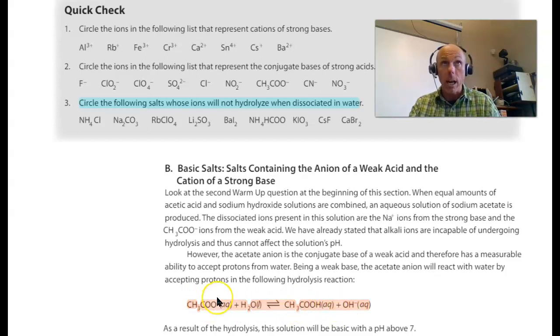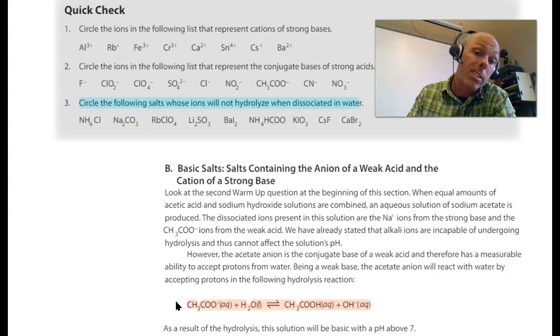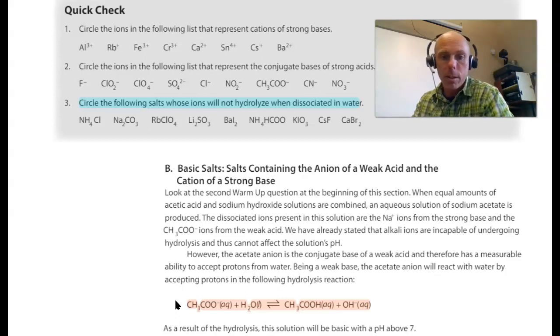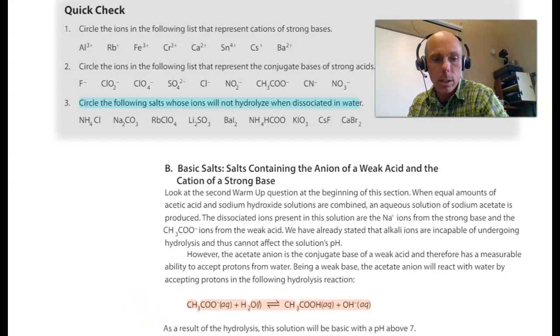So if this anion were in water, and we see it generating hydroxide, it would raise the pH, because hydroxide is being generated. If this anion were paired with a cation that doesn't affect the pH, and that it's soluble with, it would be called a basic salt, because in that ionic compound, in that salt, the anion is a weak base.